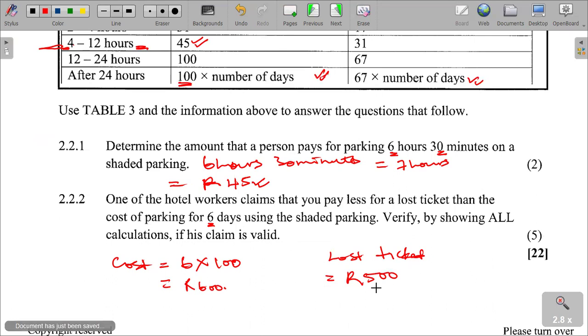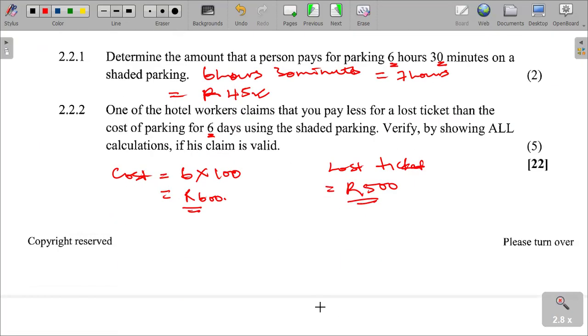And when we compare the prices, the cost for 6 days is 600, and for a lost ticket you pay 500. So is it a valid claim? We can say the claim is correct.